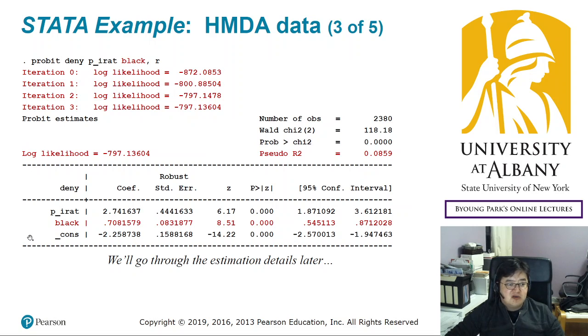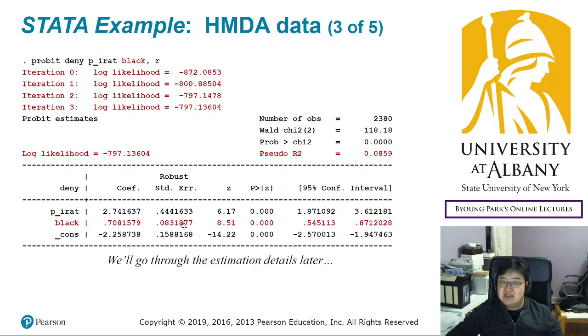And the result is also familiar. You have variable by variable results. For black, the coefficient is 0.7 and the standard error is 0.08. I will call this the t-stat, there is virtually no difference. The t-stat is 8.51.